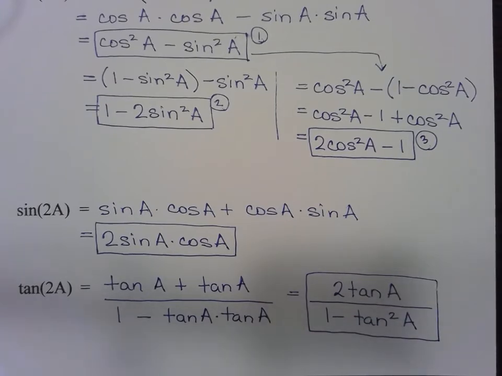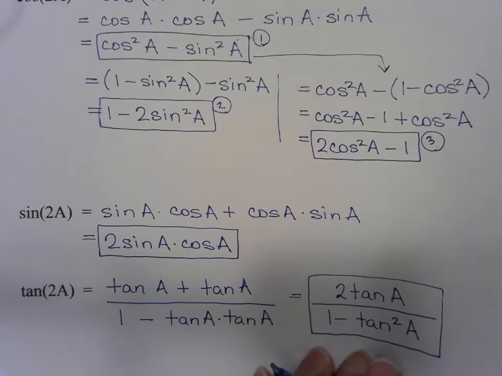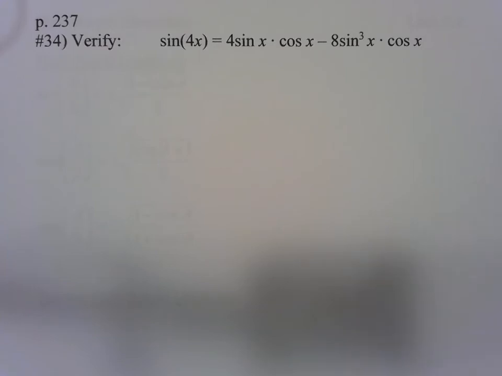Okay, so I hope that gives you a little bit of an idea of where these double angle formulas come from. I don't think these were too difficult to derive, and I think this goes right along with the theme in this chapter of verifying. So I think that's worthwhile. Next we have an example from the book that asks us to verify an identity.